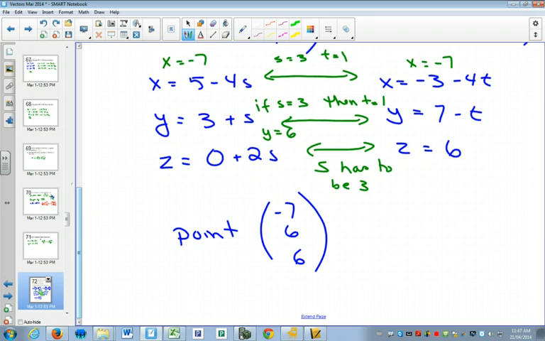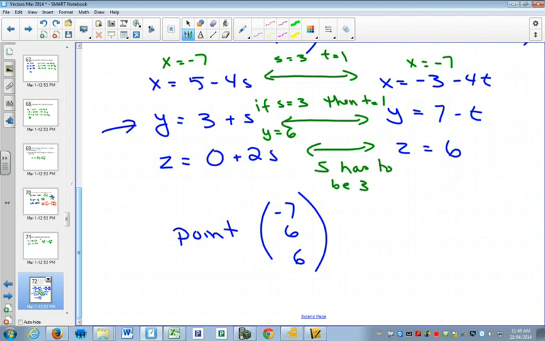What would you do if this last one had a t in it as well? You can make these two equal to one another, but then, even at this point here, do you agree that 3 plus s equals 7 minus t? So we couldn't solve it there. It could be anything with just that one equation, because we have two variables in one equation. But what does that remind you of? Systems of equations.